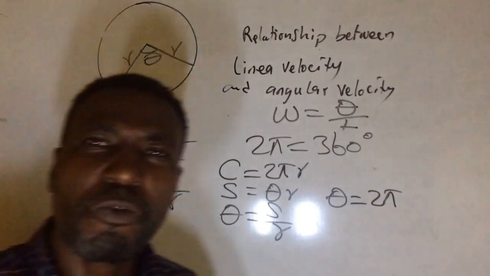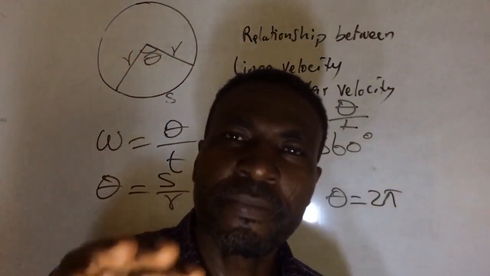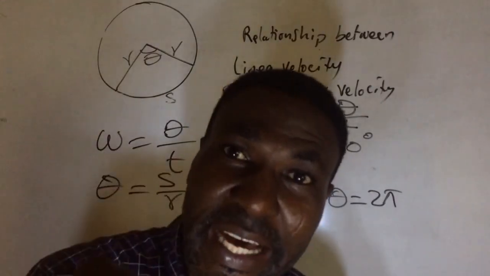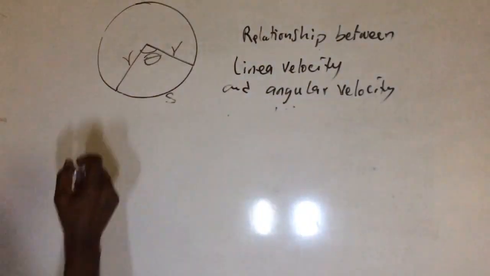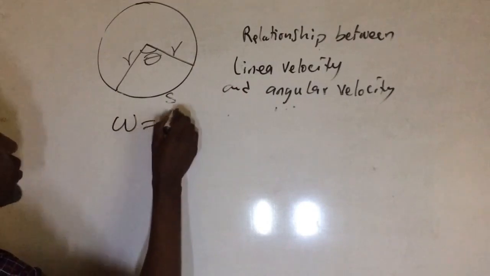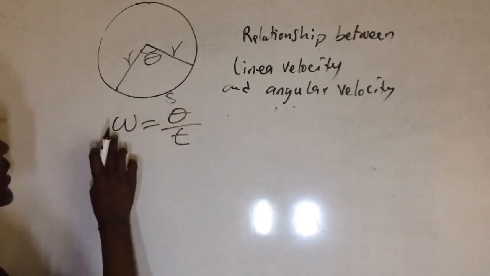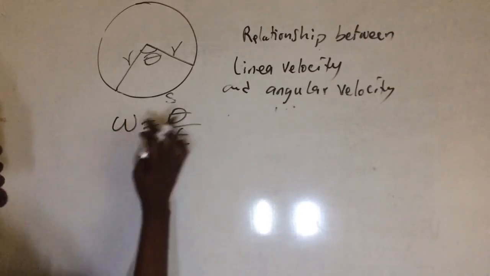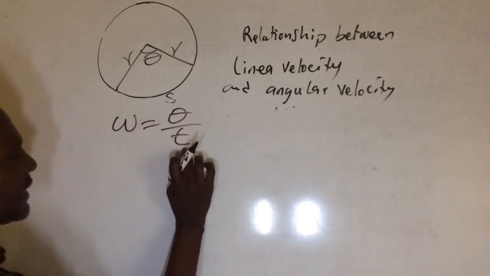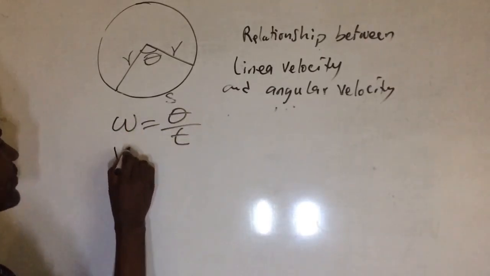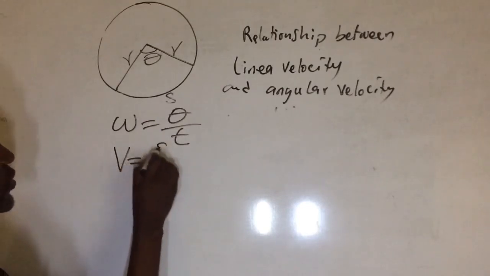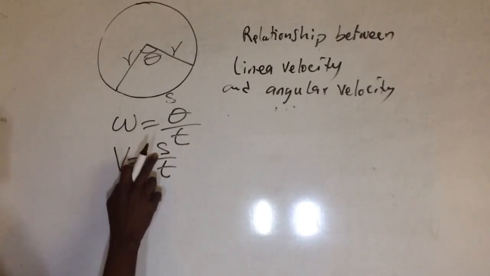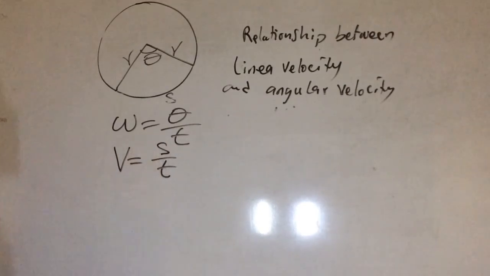Now, let us move on to relate angular velocity and linear velocity. The angular velocity is equal to theta all over t: angular displacement over time. Then our linear velocity is equal to distance all over time: distance moved and the time.